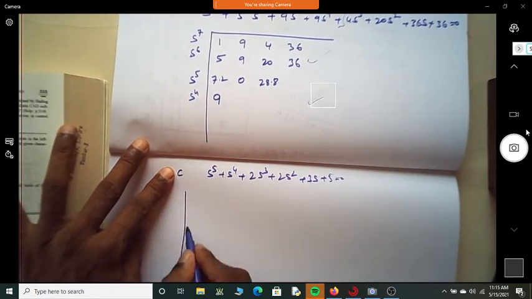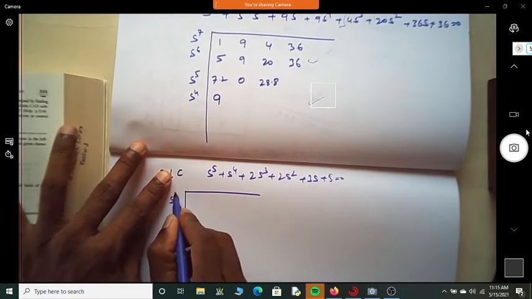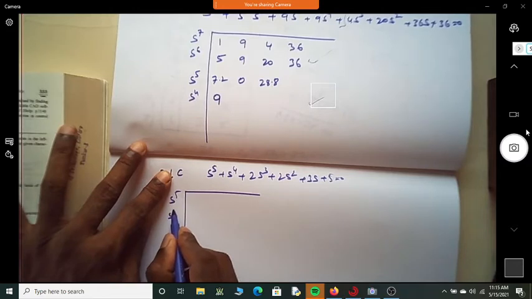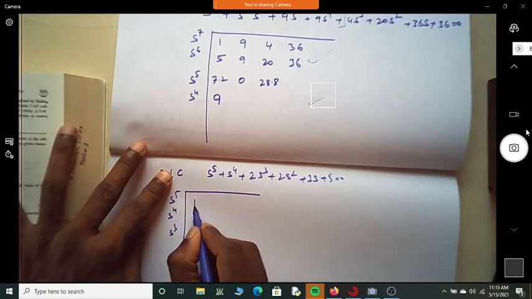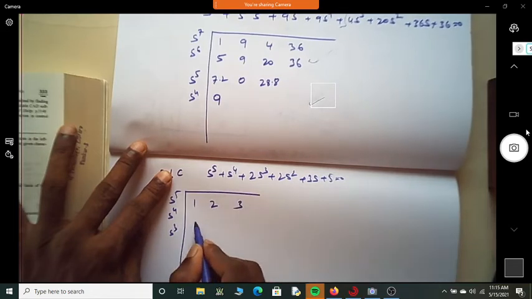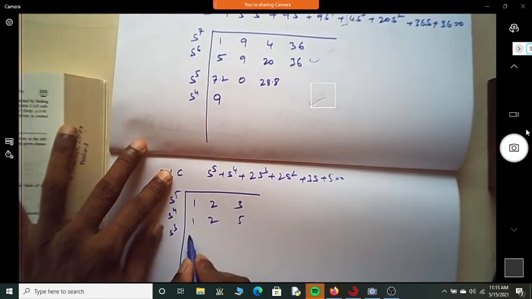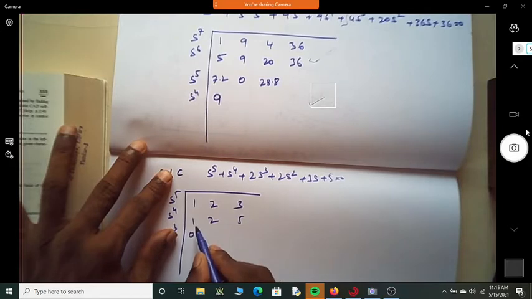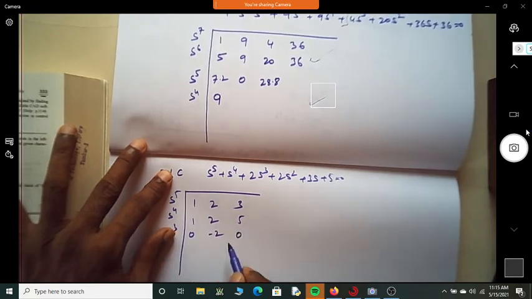So then this becomes s power 5, s power 4, s power 3. Okay, this is 1, 2, 3, 1, 2, 5. Then this becomes 0. Then this becomes how much? 1 into minus 2, minus 2, this is 0, correct?